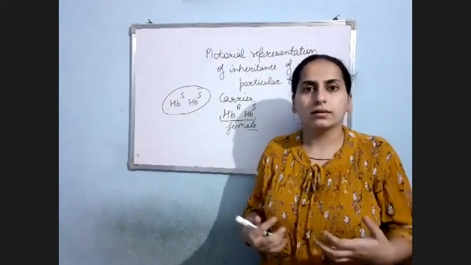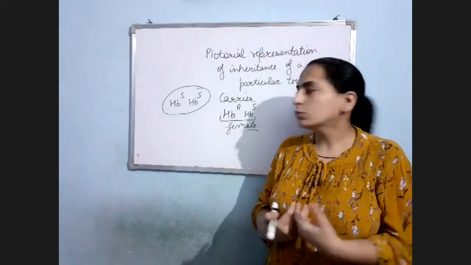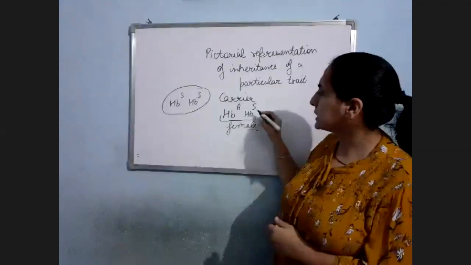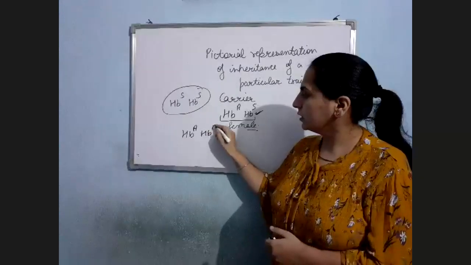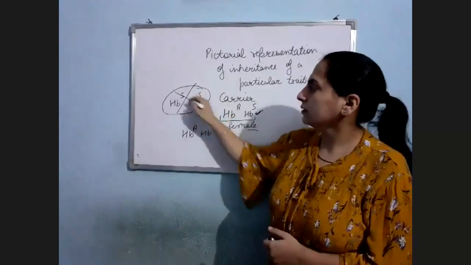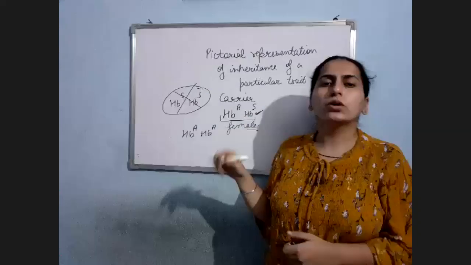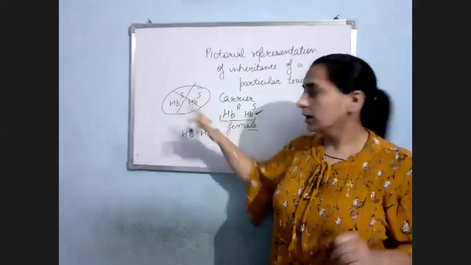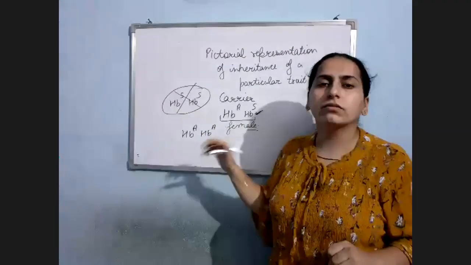is a carrier. Suppose if I am here, I don't know this condition in my body. Surely this is not there, because I have no symptom of sickle cell anemia, so surely this condition is there. But whether it is this or this, I am not aware.